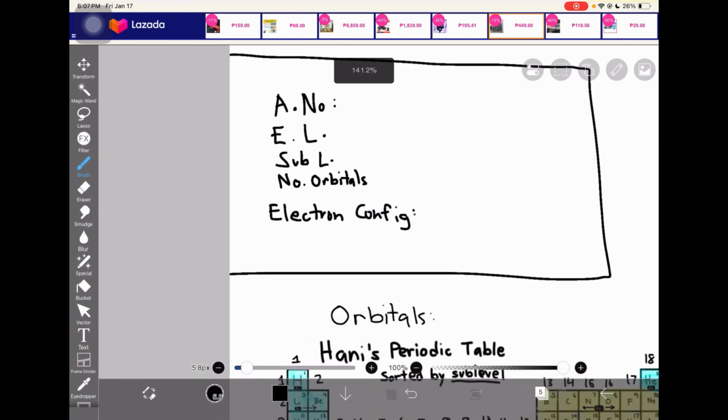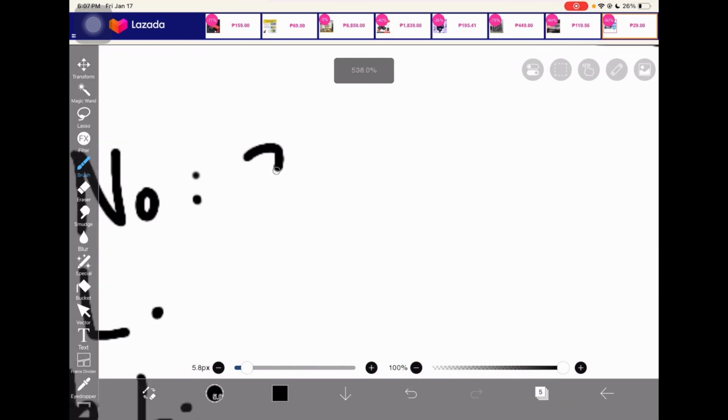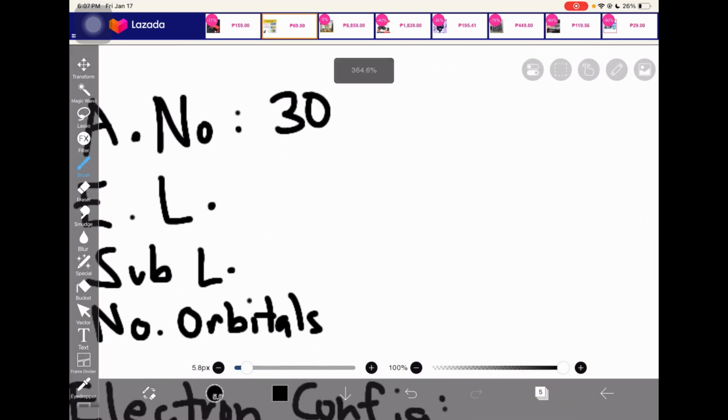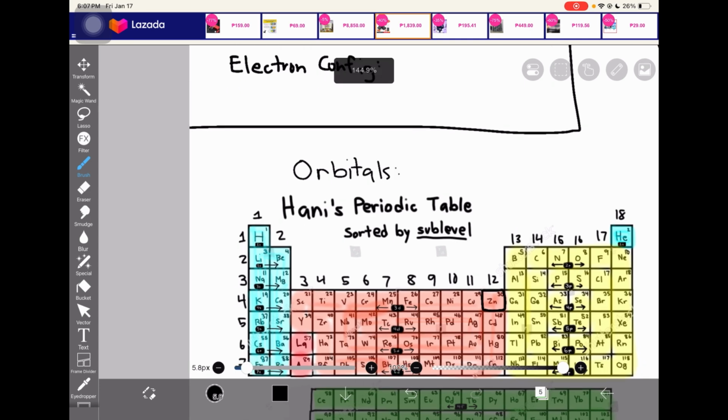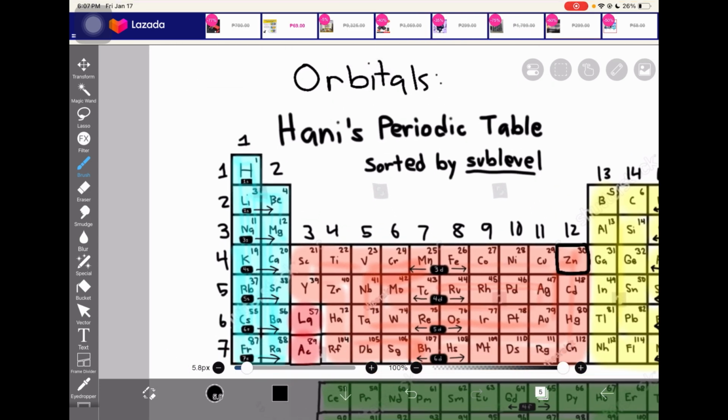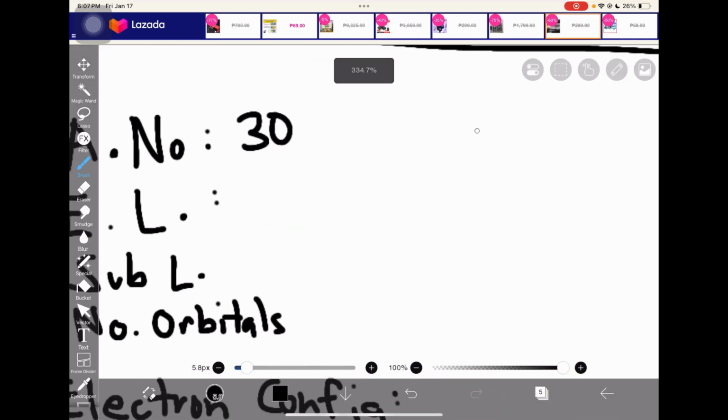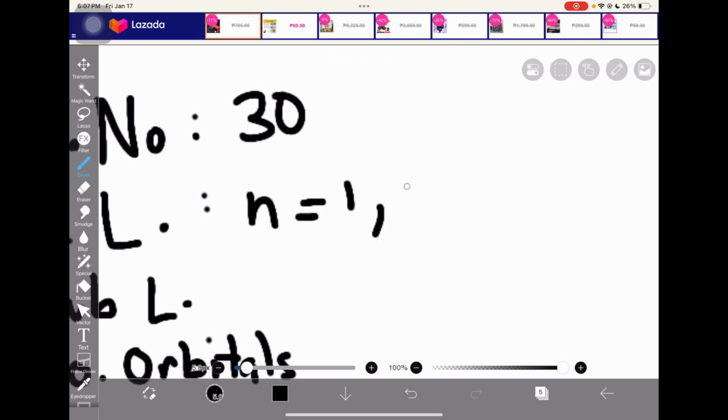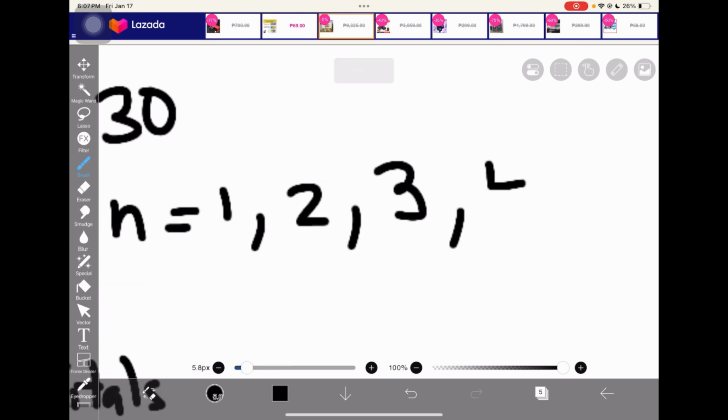We know that zinc's atomic number is 30. How about the energy level? The energy level is once again determined by the period. The period here is 4. So zinc occupies the first through fourth energy levels, n equals 1, 2, 3, and 4.